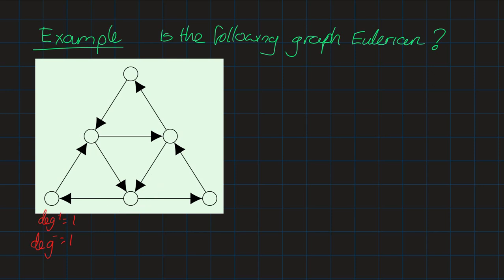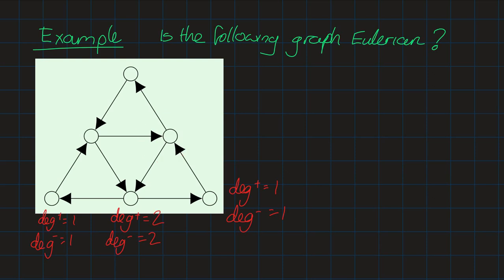This one here has deg plus equal to, I see 1, 2 going in, and deg minus, I see 1, 2 going out, equal to 2. This one over here has deg plus equal to 1, and deg minus equal to 1.